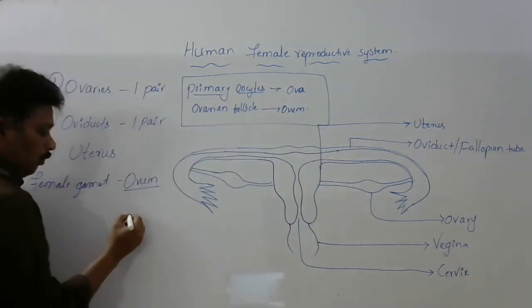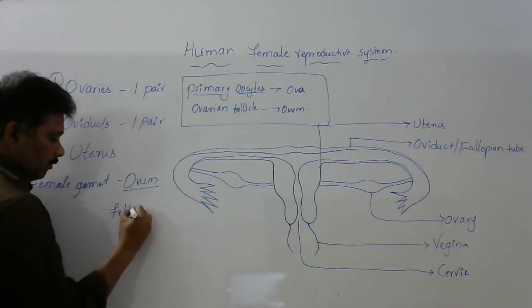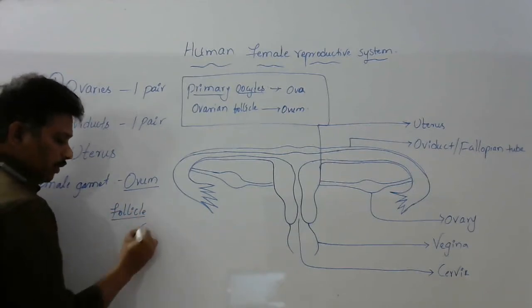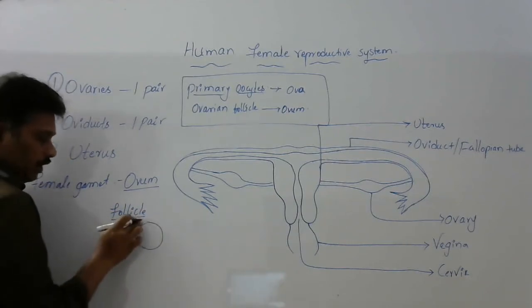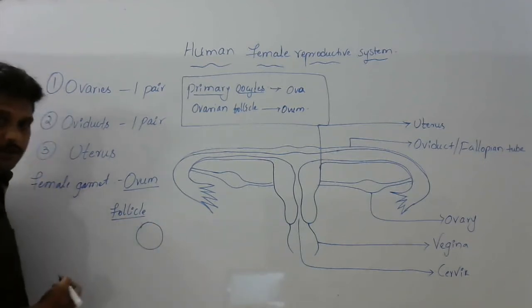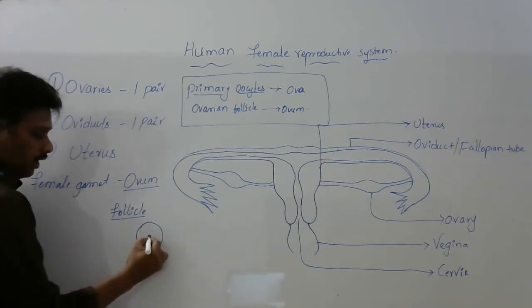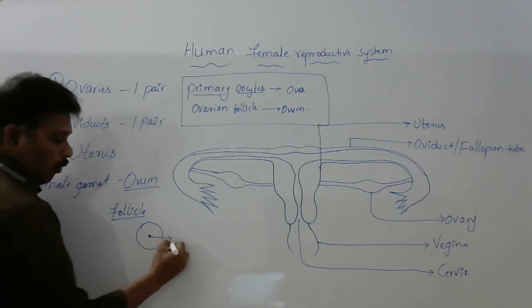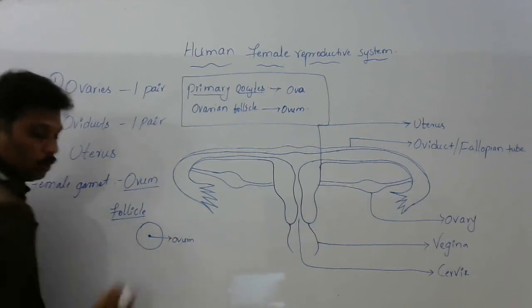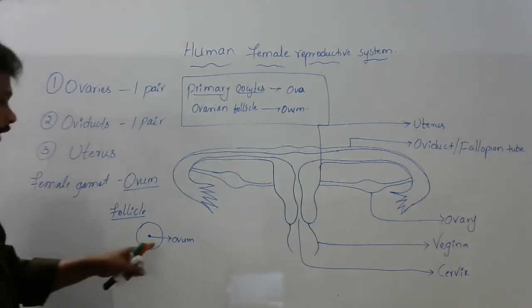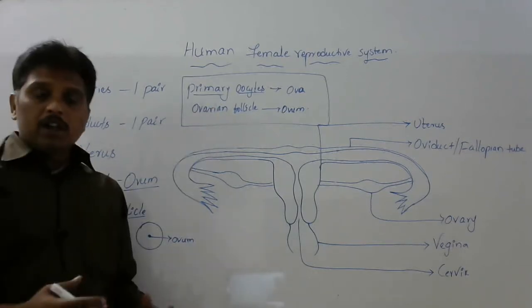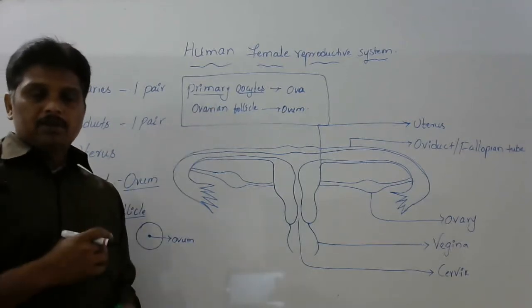A follicle means a sac-like structure, a fluid-filled sac. Inside it is the ovum, singular ovum, plural ova. These follicles gradually develop slowly.